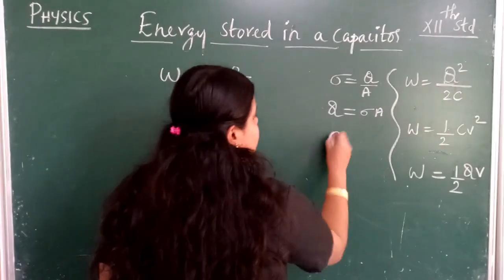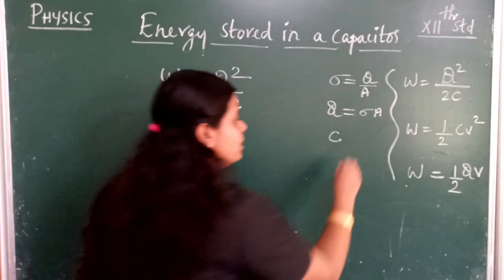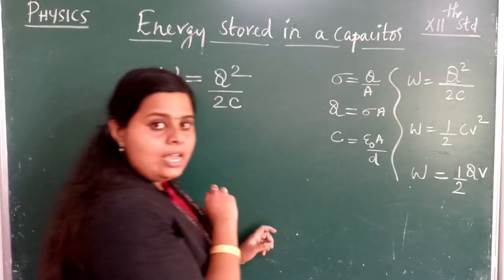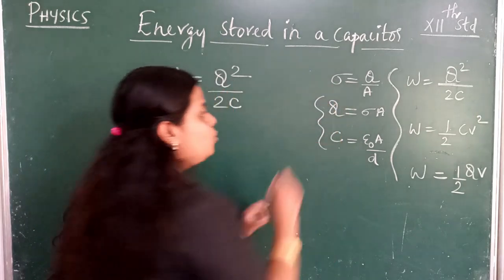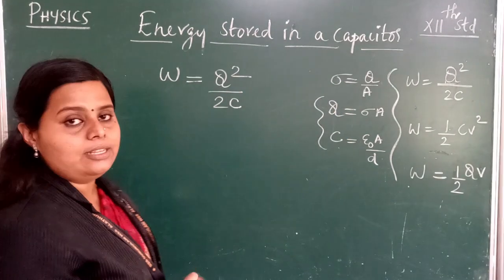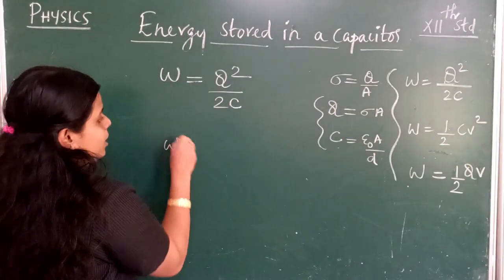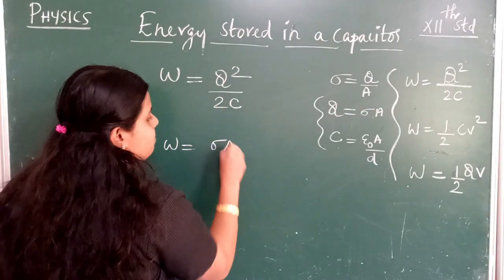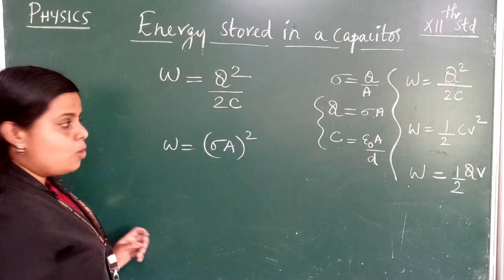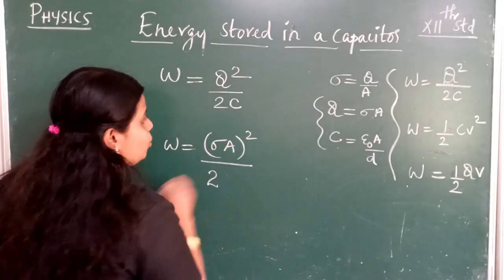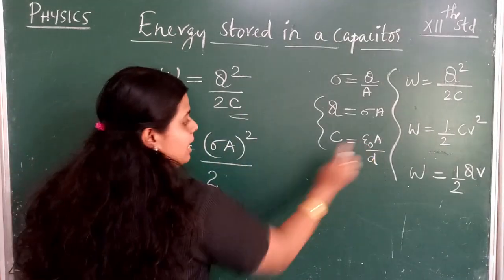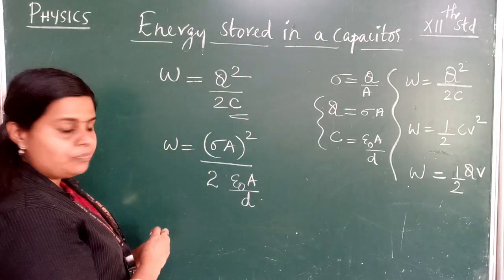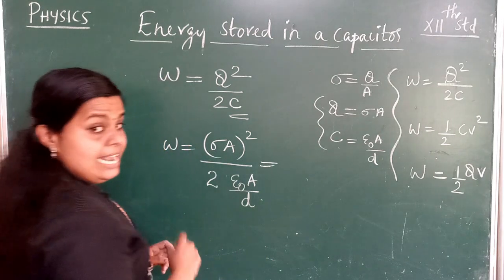Also, what is the expression for capacitance of a capacitor? Yes, that is epsilon 0 A by D. Now let's substitute these two expressions in this. So listen, W is equal to, instead of Q we can write sigma A whole square divided by 2 into, instead of C we can write epsilon 0 A by D. Okay, so what will be the next step?